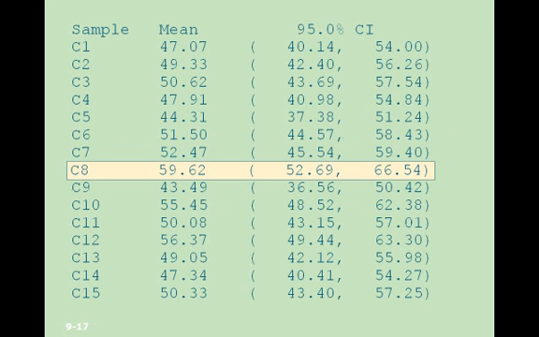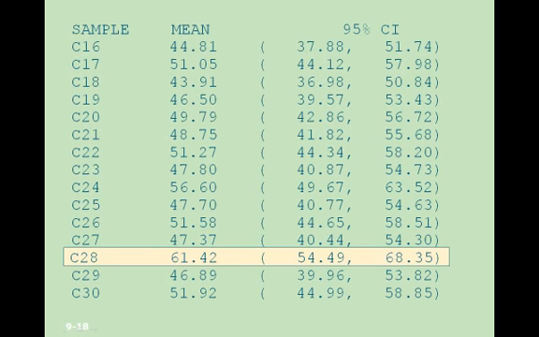Here we see in the first 15 samples with our 95% confidence intervals that all of them contain the value of 50 between the lower bound and the upper bound, except for number 8, highlighted here. And here's the remaining 15, which gives us all 30. We see again that all of them contain the value of 50, except for number 28.